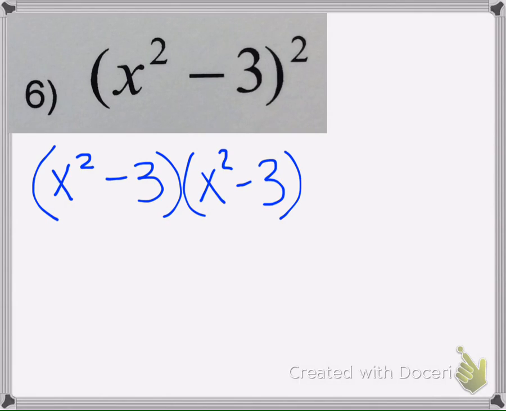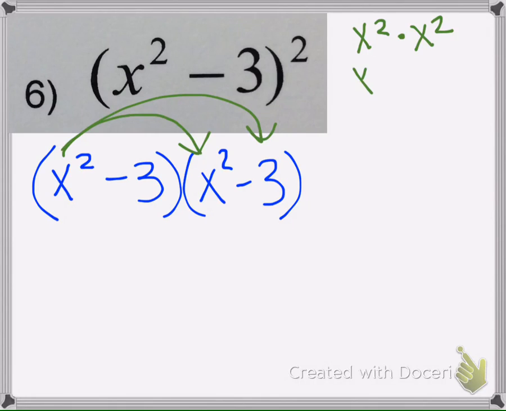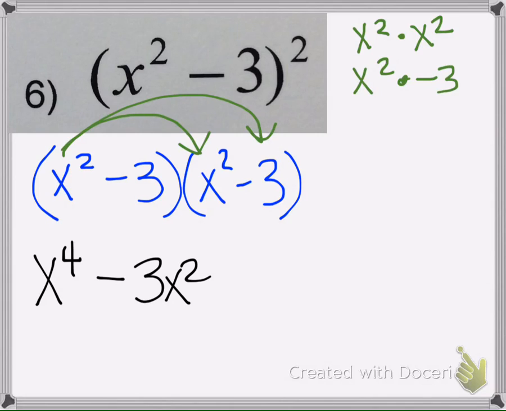And go ahead and feel free to pause the video and FOIL it yourself and then check with mine. So I'm going to take the x squared and multiply it to the x squared, and then the x squared times the negative 3. So we would have x to the 4th minus 3x squared.